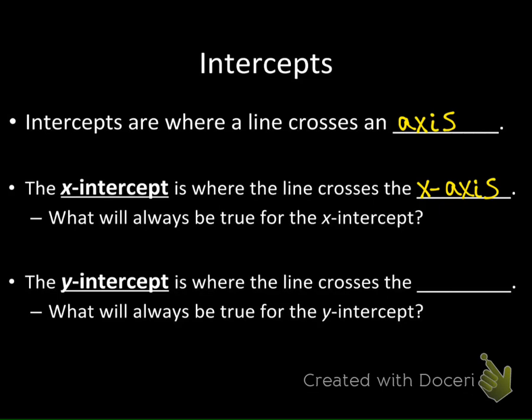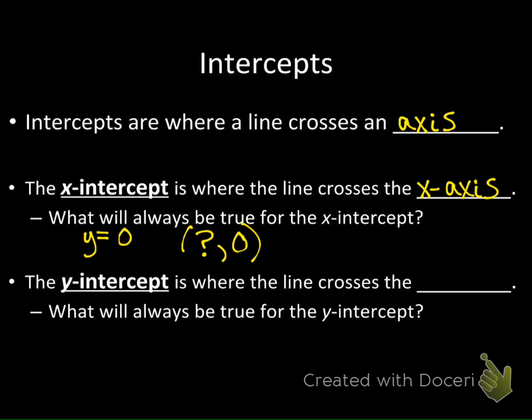So what will always be true for the x-intercept then? If the x has a value, the y will be equal to what? 0. So basically your ordered pair will be something, because we don't know what the x is, comma 0. I would write that down. So for the x-intercept, the y value will always be 0.